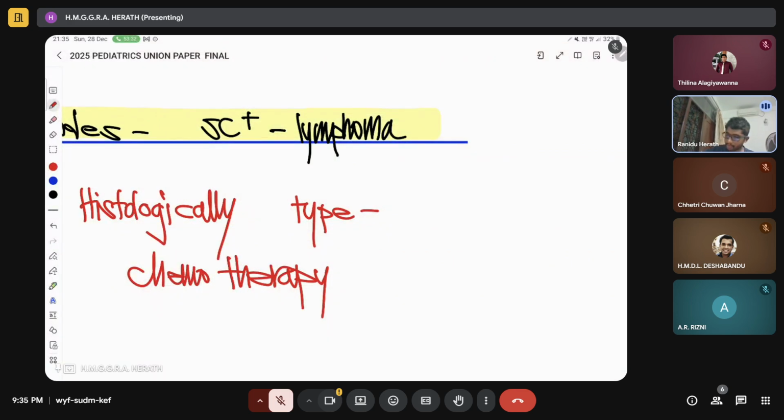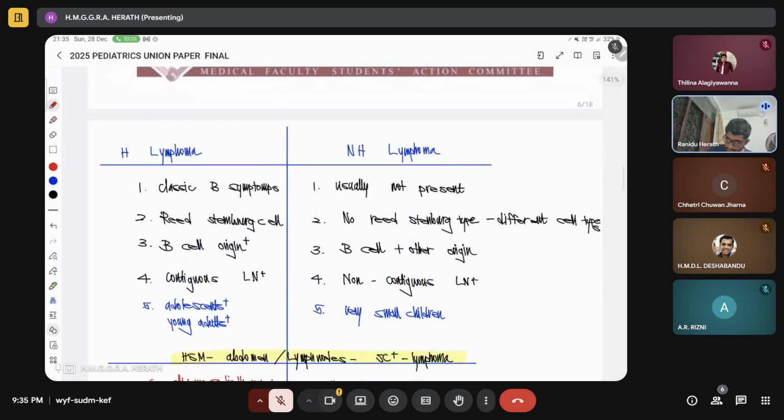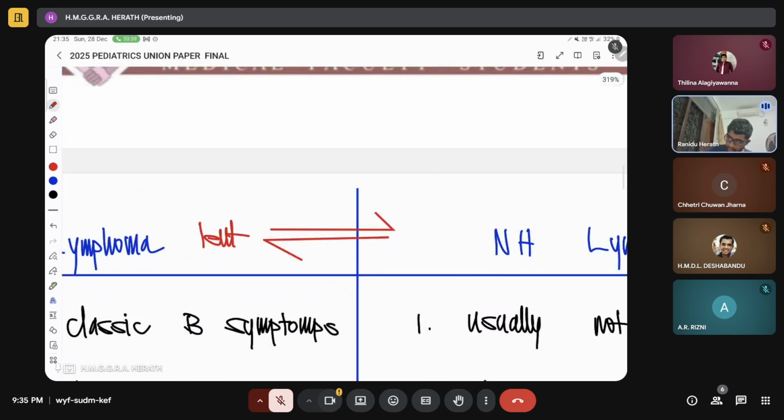Right. So remember, I mentioned earlier that these lymphomas can convert into leukemia, or leukemia can be converted into lymphoma also. So that you need to keep in mind.